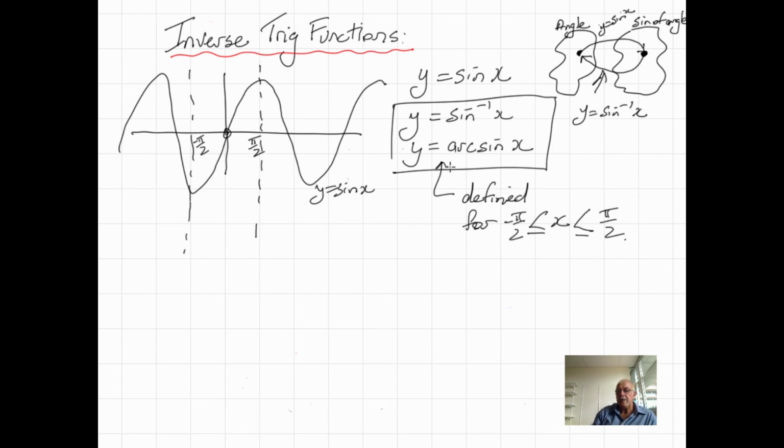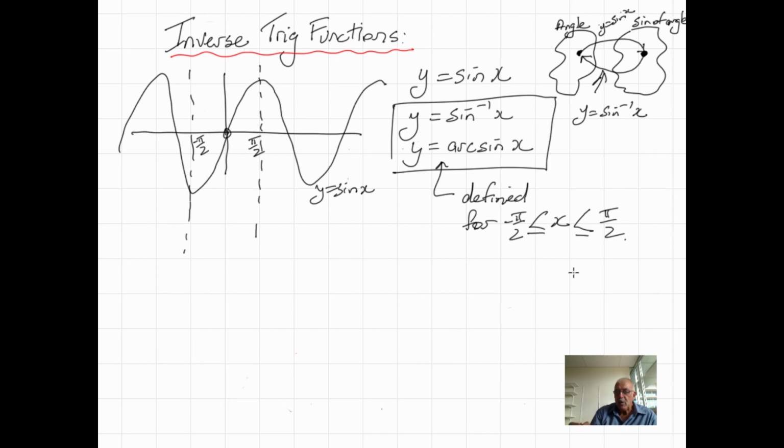Okay, so then we have an inverse, and we can apply the horizontal line test just over that domain, and there's nowhere you can draw a horizontal line and it will cut the graph more than once. So the inverse is only defined over that domain.